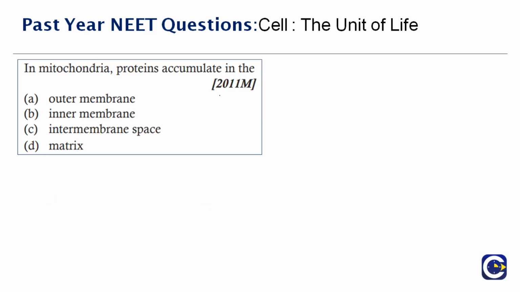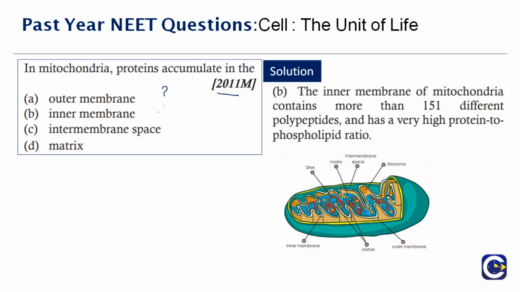Now let's move to the next question here. This question was asked in the year 2011. In mitochondria, proteins accumulate in dash. So in mitochondria, where will the proteins get accumulated? Any idea? The correct answer goes to option B, inner membrane.